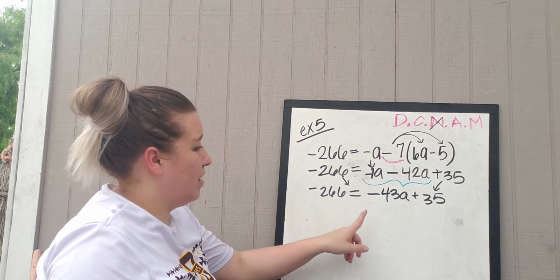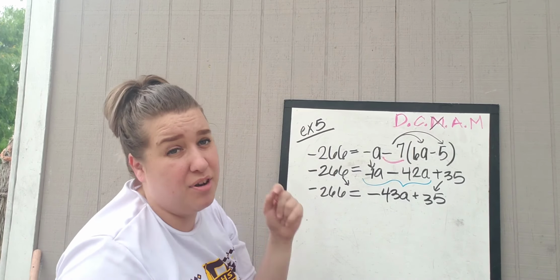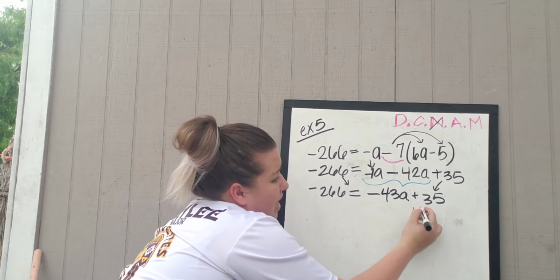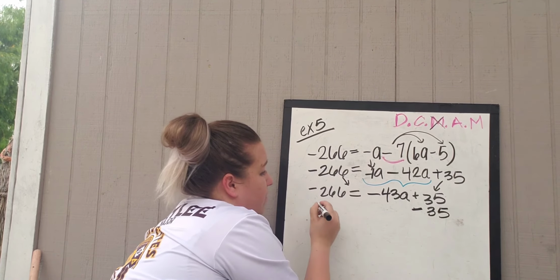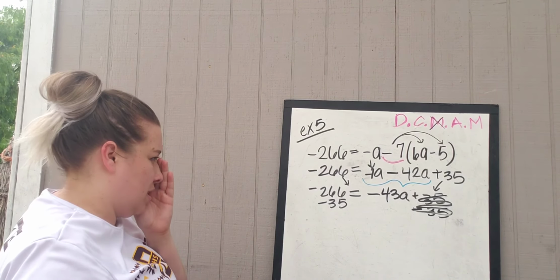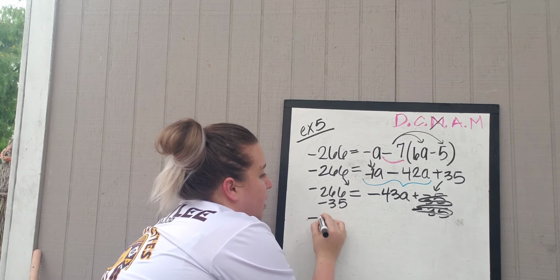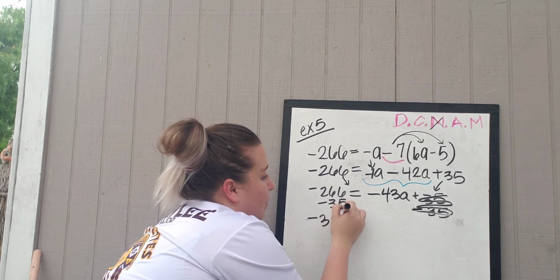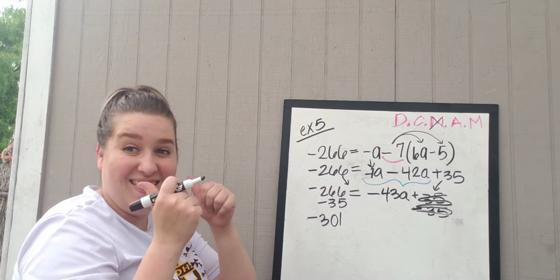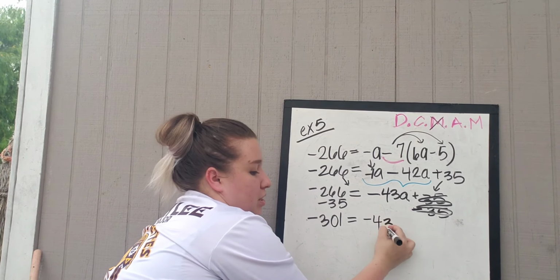Alright? And next one, we combine. We're on add or subtract. Last example. Hang in there. We're almost done. Add or subtract. We're going to get rid of 35. 35 is a positive, so we got to subtract 35. Subtract 35. Goes away. Let's go. Let's do this mental math. It becomes negative 301 equals negative 43a.